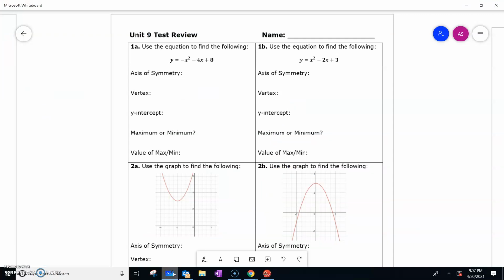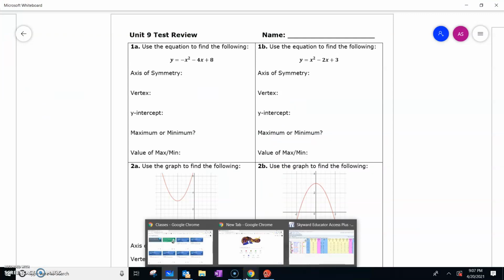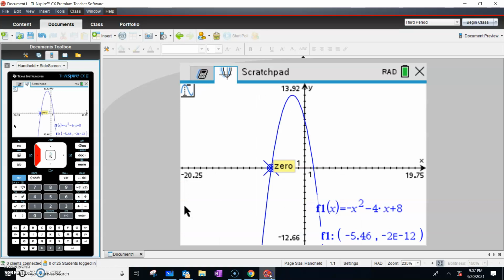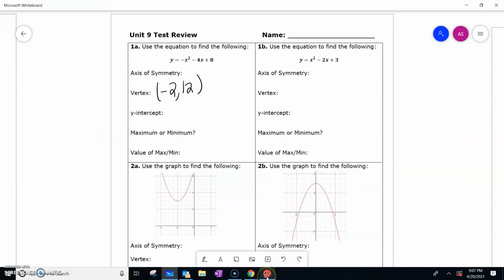We know our vertex was negative 2, 12. Let me scroll back to that so you can clearly see it. Our vertex is our highest or lowest point on the graph. We just said that it's a maximum, so I'm going to circle maximum.